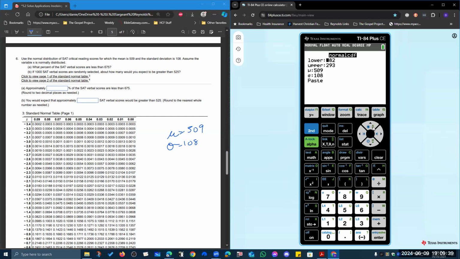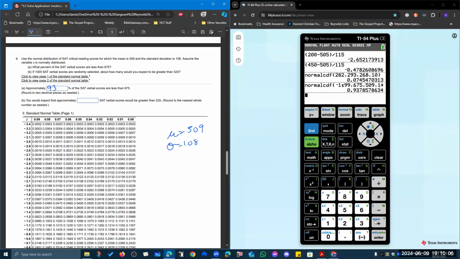And what percent of the SAT verbal scores are less than 675? And they want this as a percentage. So this is 93.79% when we round to 2 decimal places.